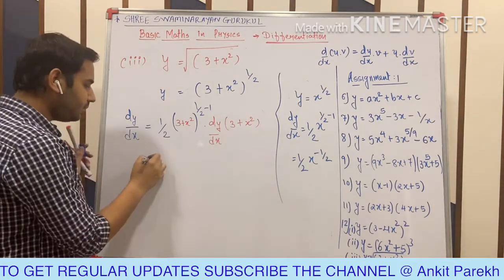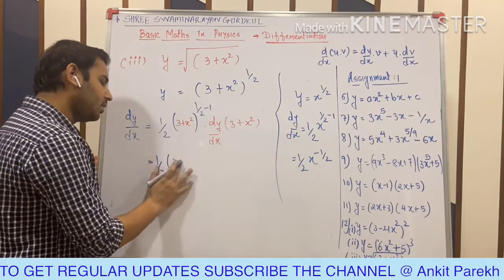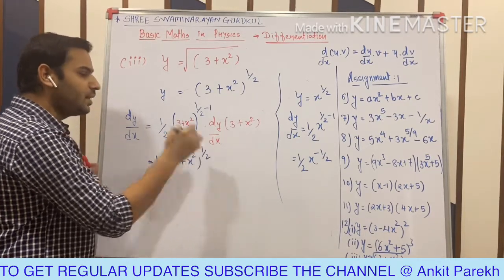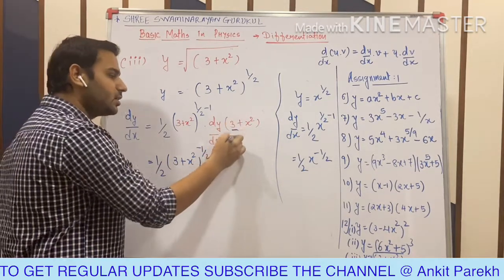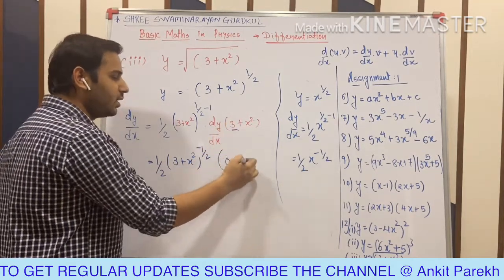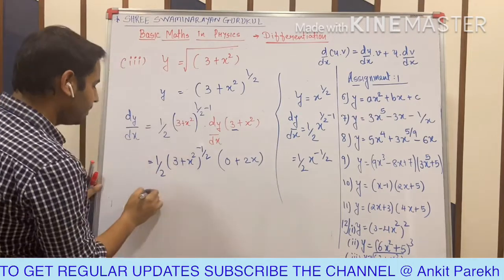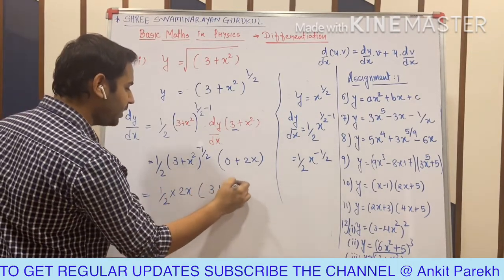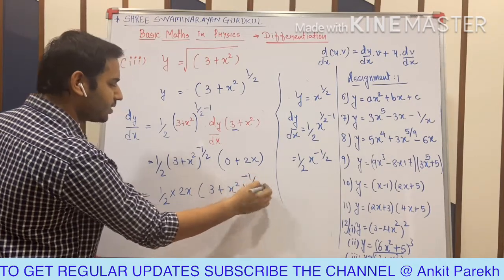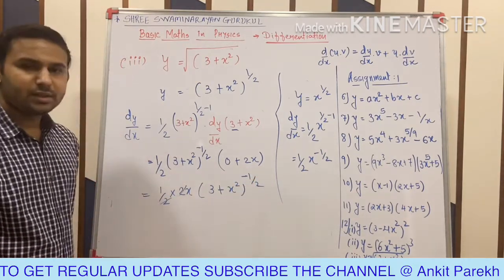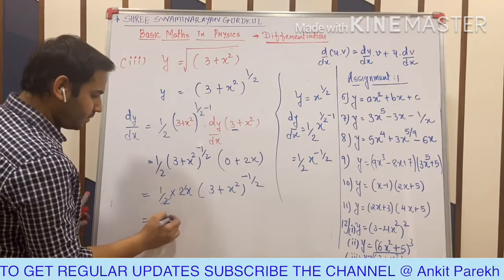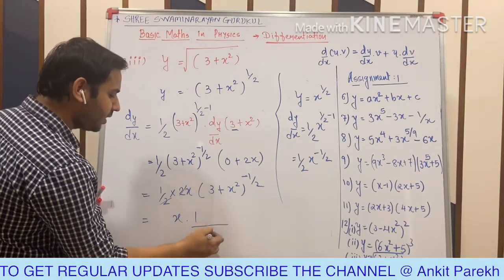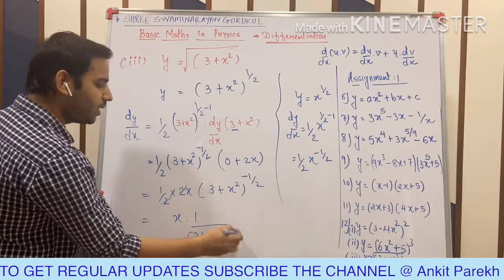Okay. 1 by 2, (3 plus x square) raised to minus 1 by 2. Differentiation of 3 is 0, and x square is 2x. Your answer is 1 by 2 into 2x, (3 plus x square) raised to minus 1 by 2. This 2 and 2 cut. You can write x into 1 upon (3 plus x square) raised to 1 by 2.